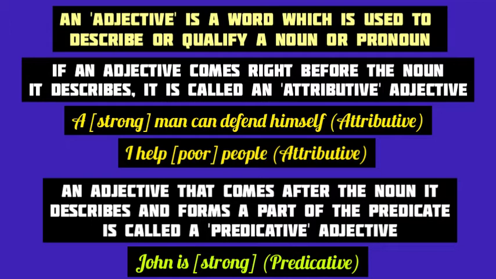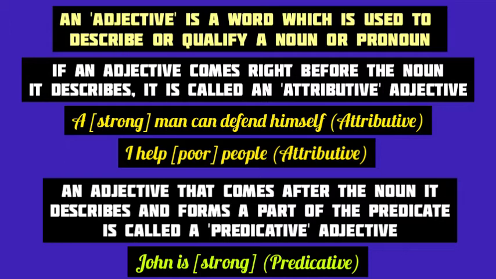And since the adjective strong is placed right before the noun man to describe it, it is an attributive adjective. In the sentence, "I help poor people," the adjective poor is placed before the noun people to describe it. So, poor is also an attributive adjective. So, an attributive adjective comes right in front of the noun it describes in the sentence.